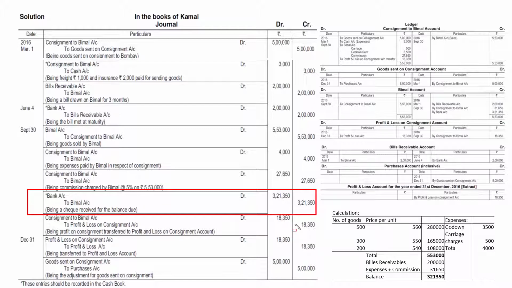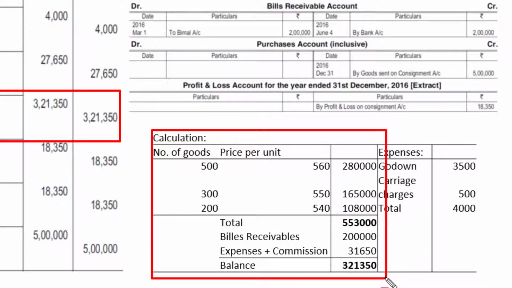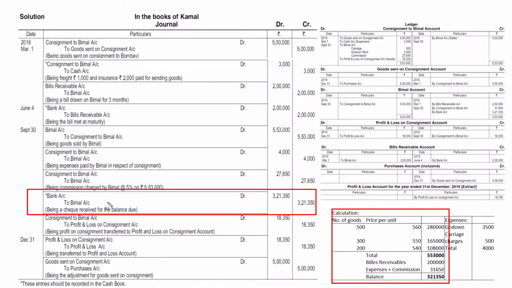And then Bimol sent a check for the balance due, that is the remaining balance. How will we get the remaining balance? Just check the calculation here. That means after deducting all the expenses, commissions and the bills receivable already paid by a bill, that is 2 lakh, after deducting these items, we will get 3,21,350 rupees, and that will be received by the bank on behalf of Bimol account.